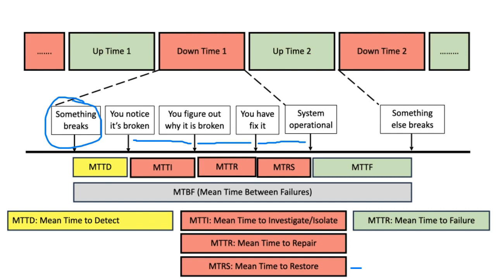Mean time between failure begins at the beginning of the first downtime and runs until the second downtime, when something else breaks. It includes everything from here up to here, my friends. I think this is pretty clear.